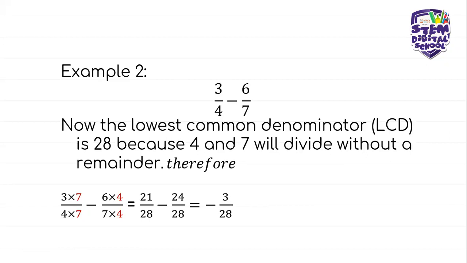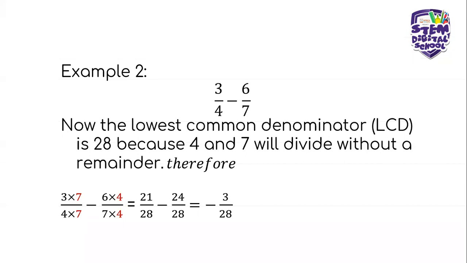So this actually tells you that 24 is bigger than 21. So hence you need to subtract 3 from 24 in order to have the same balance. So 21 minus 24 is -3. And then the denominator is the same, which is now 28. So the denominator is 28.